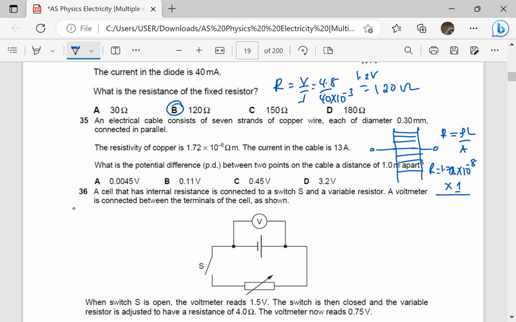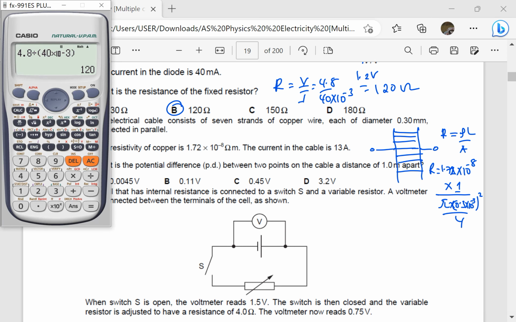Then divide by the cross-sectional area, which is pi d squared over 4. Diameter is 0.3 times 10 power negative 3, squared, divided by 4. I'm trying to find the resistance of 1 strand.